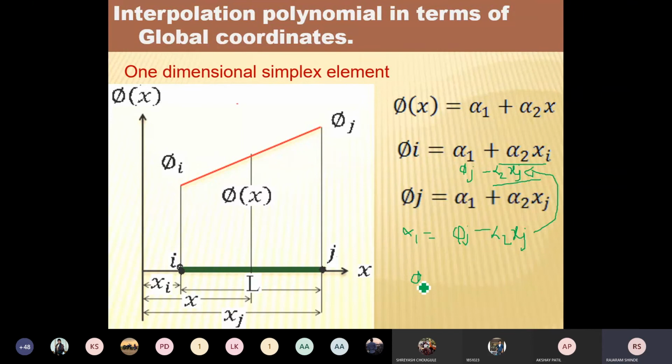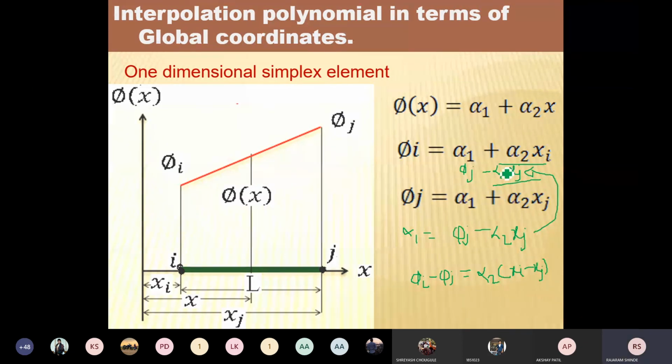It is phi i minus phi j equal to alpha 2, which I will take common, alpha 2 into xi minus xj. Am I right? Do you agree with this?